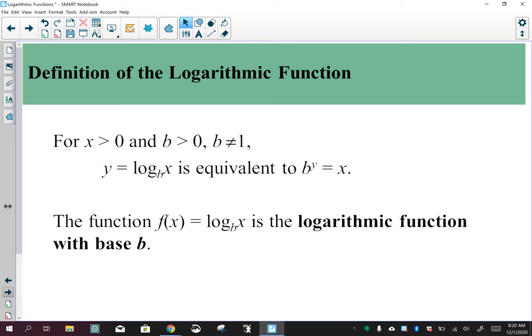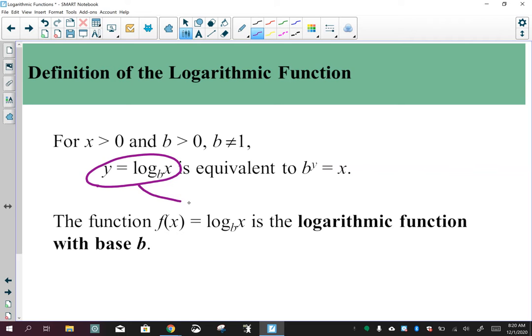All right, so if you have a logarithm, you have this property here that says if you have a traditional log that looks like this, you can actually change it from this log form to this exponential form. And the vice versa is true. If you have this exponential form, you can change it back into this log form.